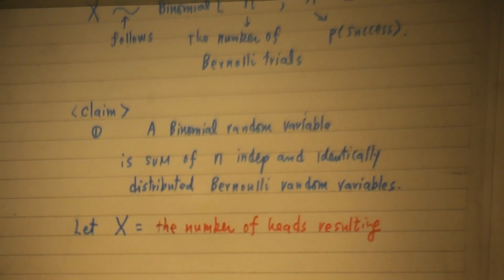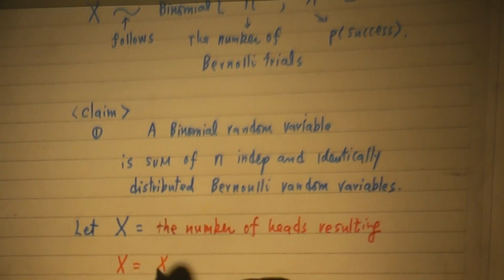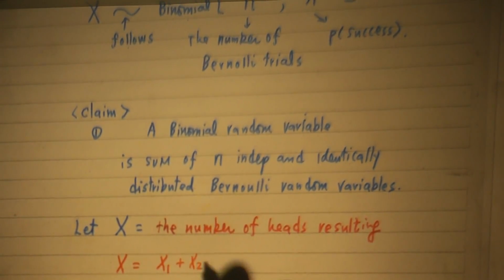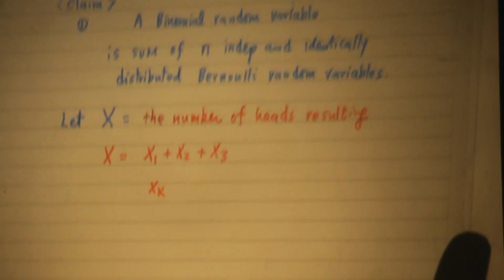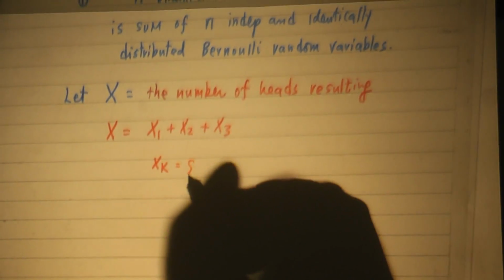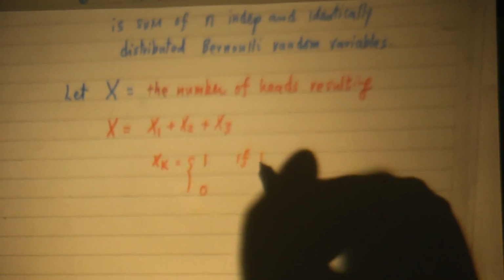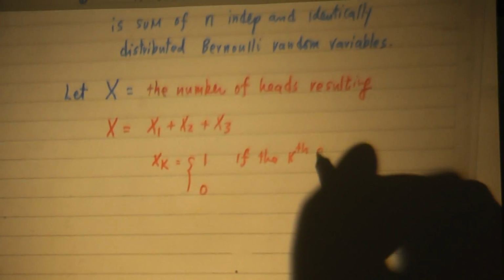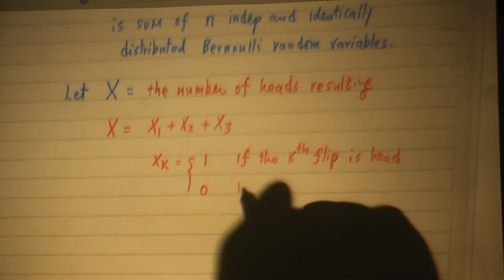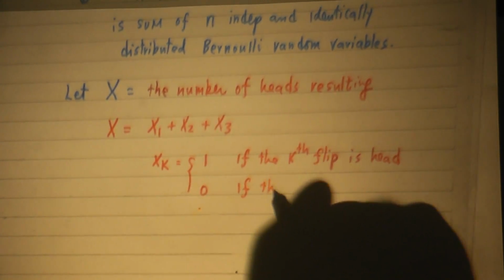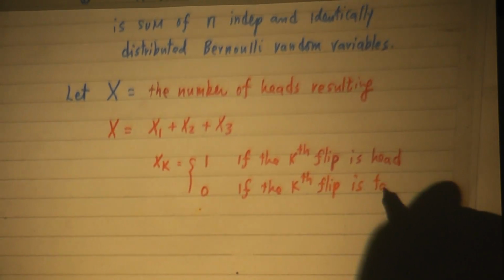Okay? So, I can rewrite X as x1 plus x2 plus x3. And here, xk is 1 or 0. It's 1 if the kth flip is a head. If it is 0, the kth flip is a tail.